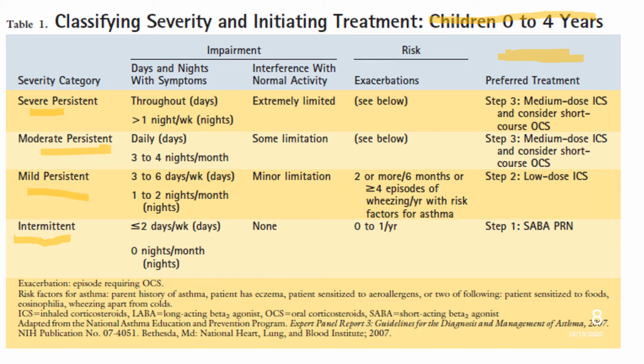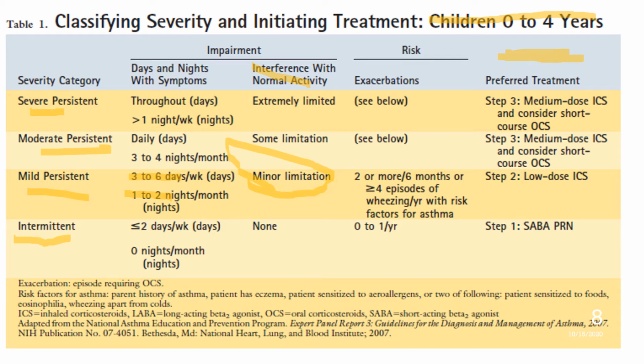When you are 4 years of age or under, they cannot do spirometry, so they base it on symptoms. And basically what this means is that you have asthma symptoms 3 to 6 days a week. You also wake up at night 1 to 2 times a night. Does it interfere with your normal activity? Minor limitation. So you get some minor limitation.